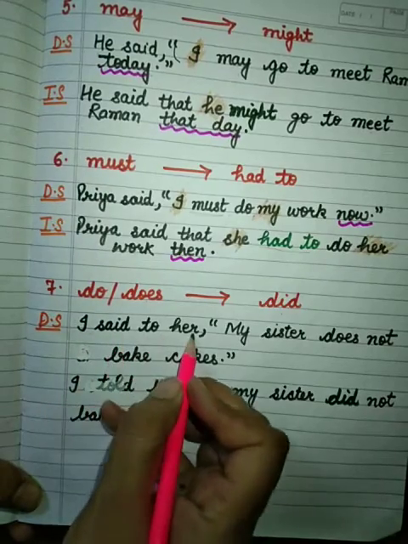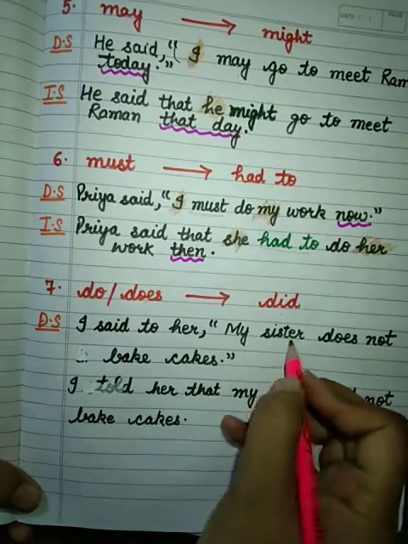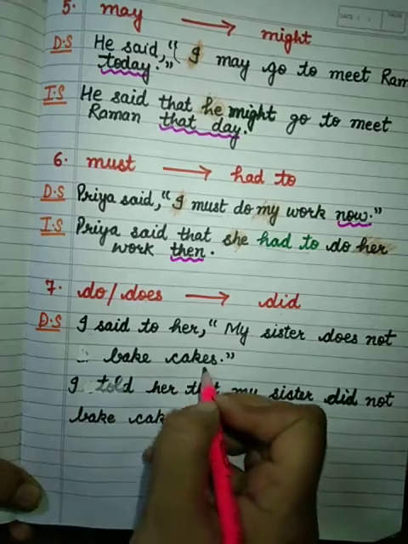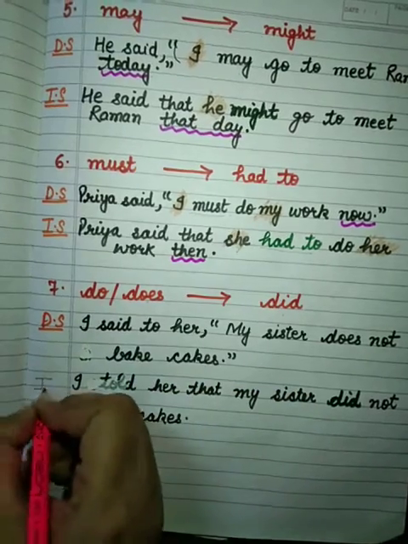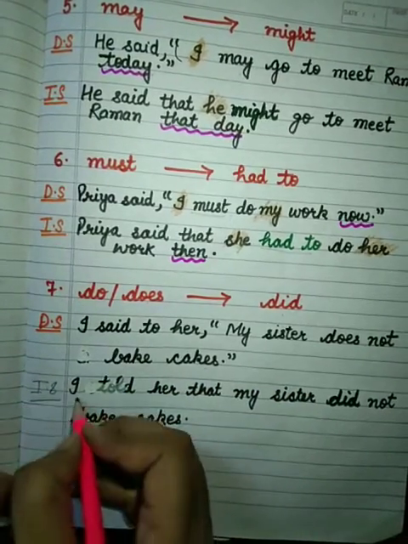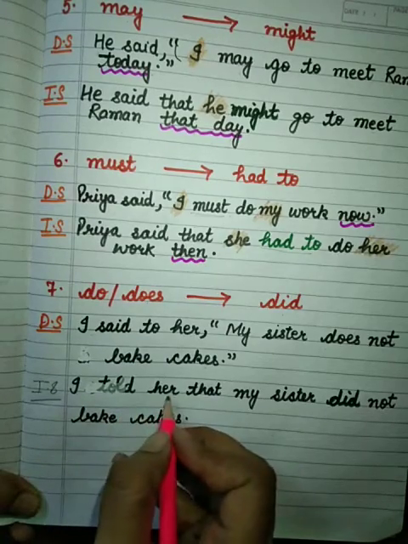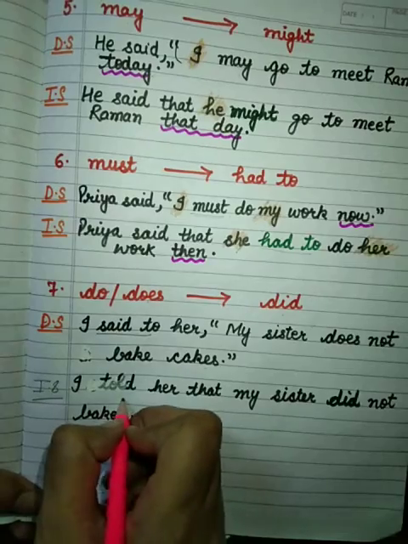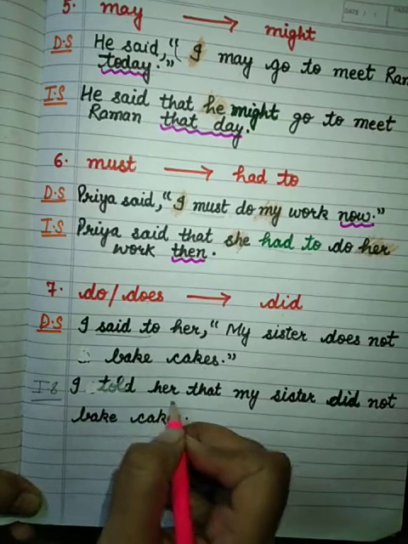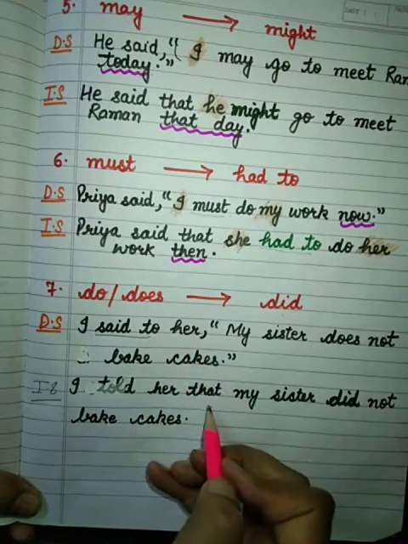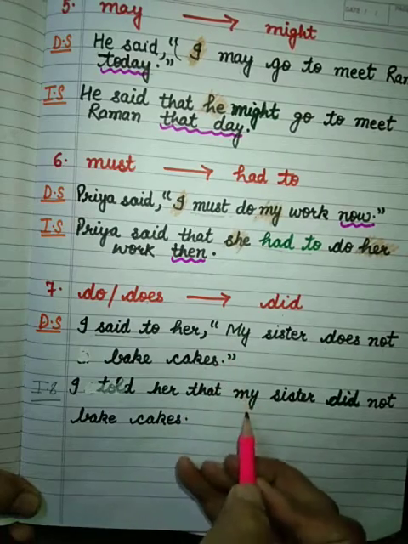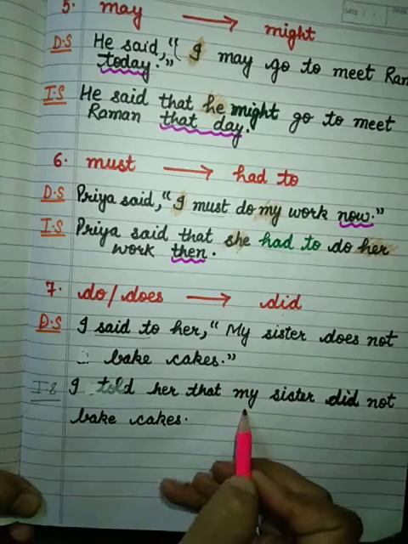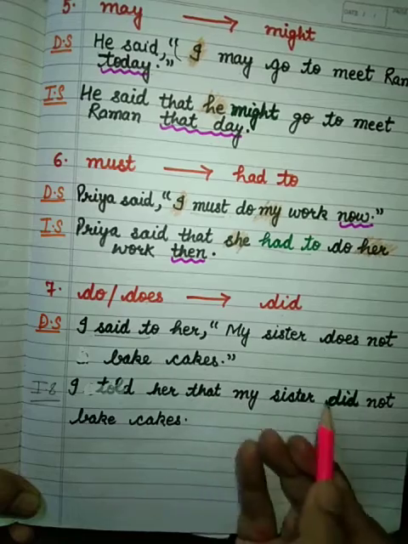I said to her, my sister does not bake cakes. Its indirect speech is I told her. Said to will change into told. I told her that. Remove quotation marks, use that. My. Now why is my not changed? Because I will use my for myself.